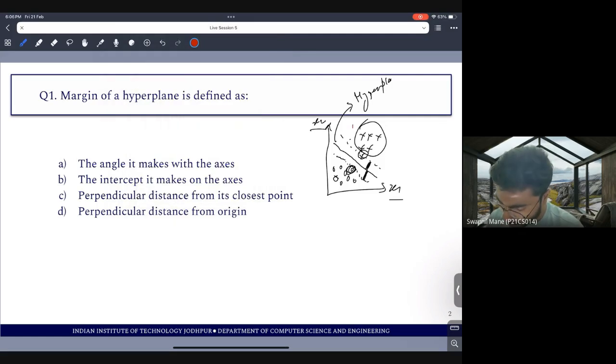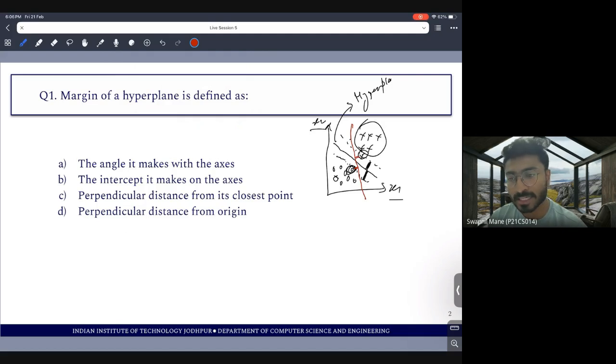If you draw a line this way, you can observe here the distance between this closest point and this closest point is very low. So this is not a good hyperplane.